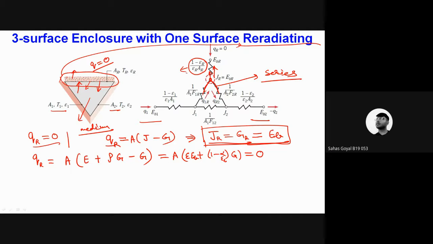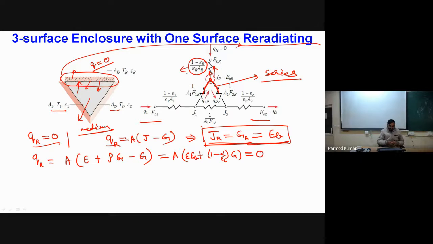So the energy it absorbs is equal to the energy it reflects, right? Yes, it is participating in radiation exchange, because that is the inherent characteristic of any surface: anything above absolute zero temperature has to participate in radiation exchange. But the net amount of heat transfer associated with a re-radiating surface is equal to 0.